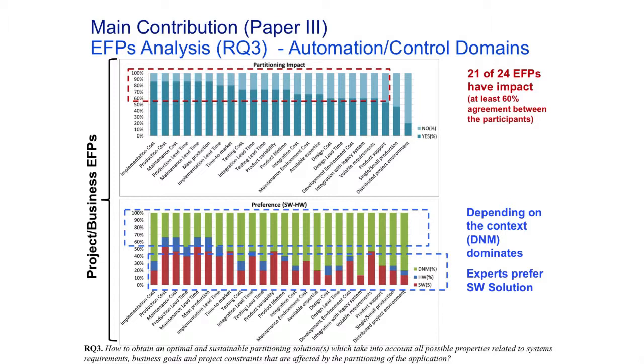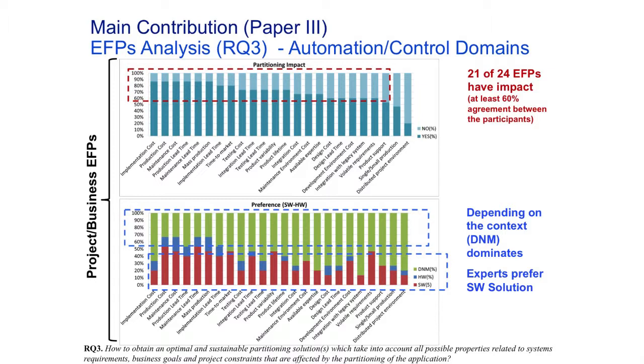Here are the results, and I present the most interesting ones. 21 of the 24 extra functional properties considered have an impact on the partitioning, with above 60% of the participants in agreement.